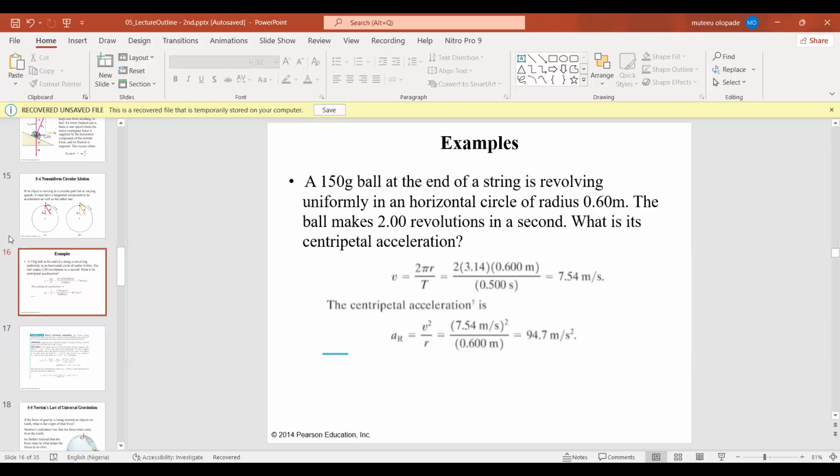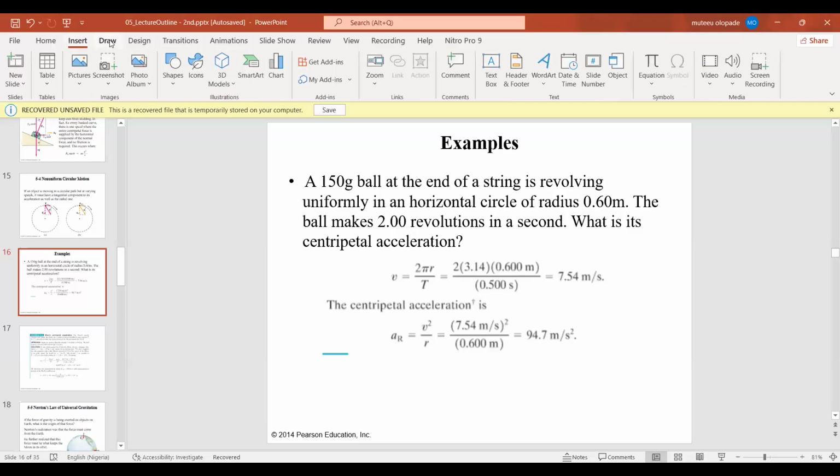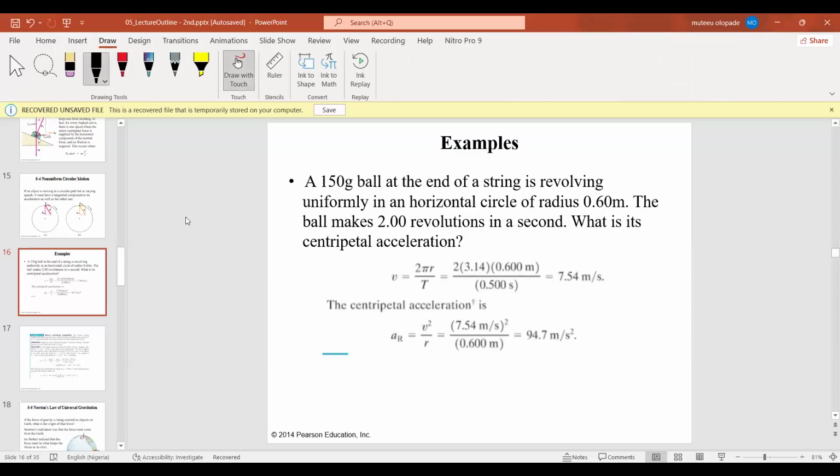So in the last class, we discussed that when you have a circular motion of this nature, maybe an object performing that, something keeps the object moving in this circular path, and that is what we refer to as the centripetal force.